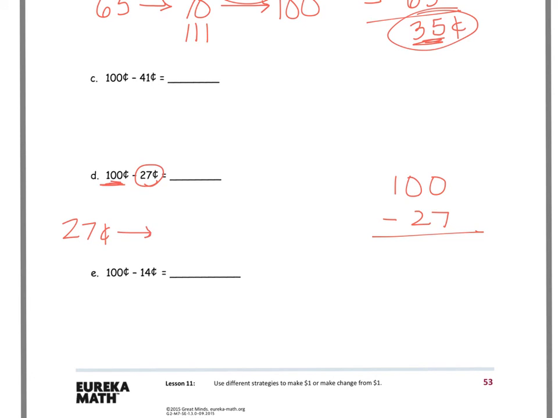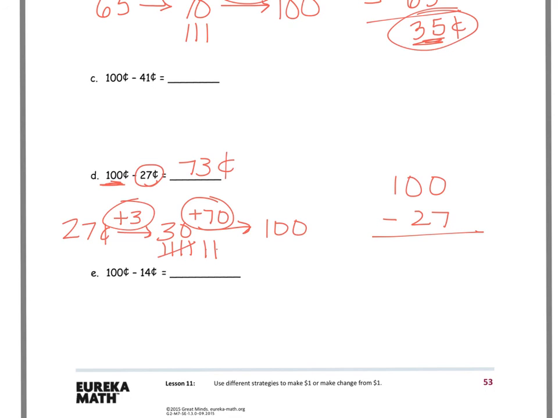And if I'm going to work my way up, I'm going to add 3 to get to my next 10, which is 30, and then count by tens. 30, 40, 50, 60, 70, 80, 90, 100. And I have 5, 6, 7. 7 tens is 70. So I add 70 and 3 to get 73 cents.